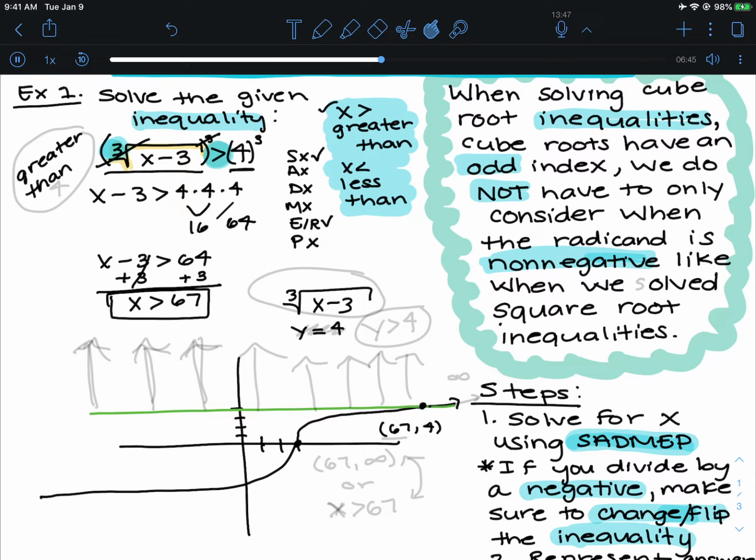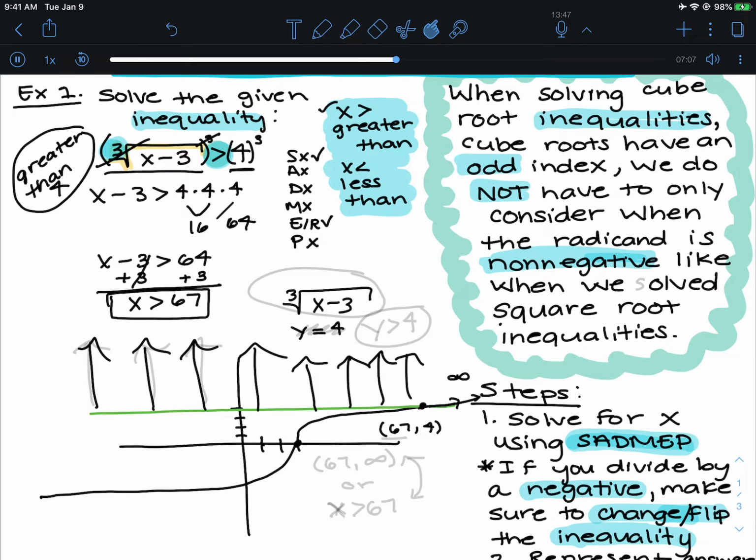But if you remember, this is going to continue up into infinity. Not only that, but I want it greater than what? Greater than 4. So what values am I going to want? I'm going to want all of the values above 4, because what values are greater than 4? Anything that's positive, bigger than 4, so 5, 6, 7, 8, 9, 10.